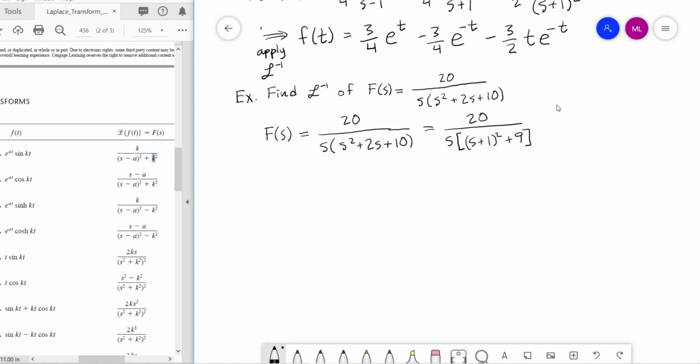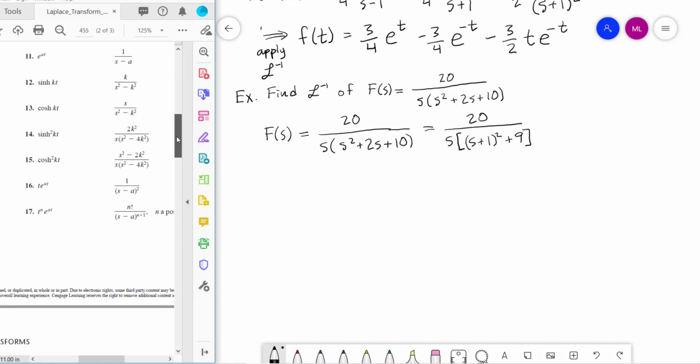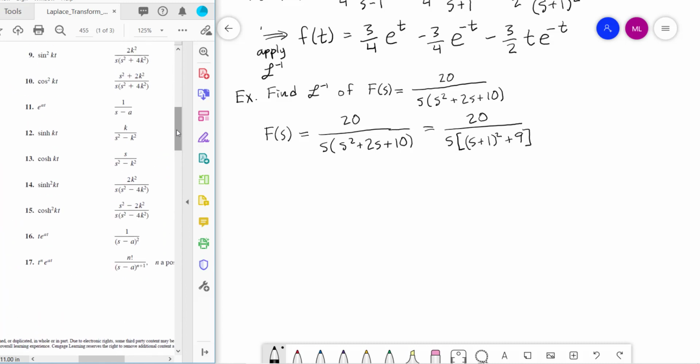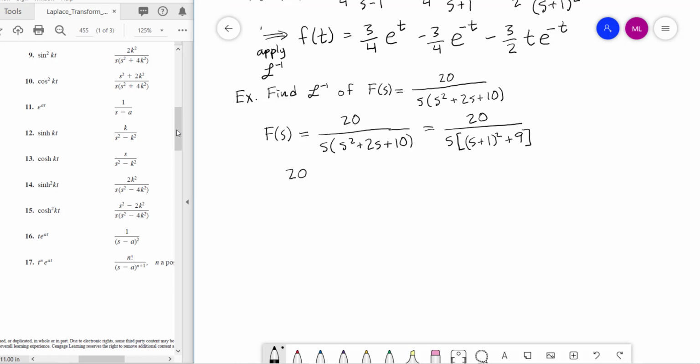To go on from here, our goal would be to split this up again into pieces that show up in our table over here. So in this case, I want to rewrite 20 over s times s plus 1 squared plus 9, which I'm going to rewrite as 3 squared.